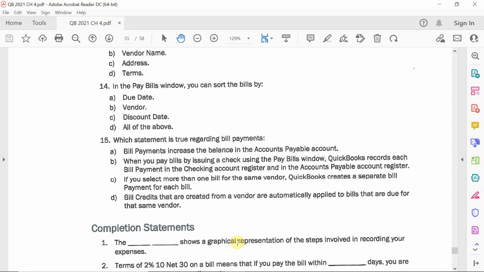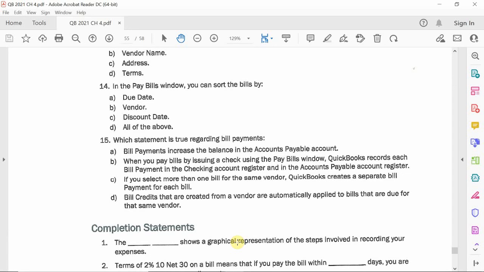Is it necessary to create separate bill payments for that? No, because at the end of the day, you're paying off one vendor and you're paying off the total amount that you owe them. So it does not create a separate bill payment for each bill, right? It's just going to lump them all into one, but it's going to recognize that, yes, you paid for this bill and you paid for that.